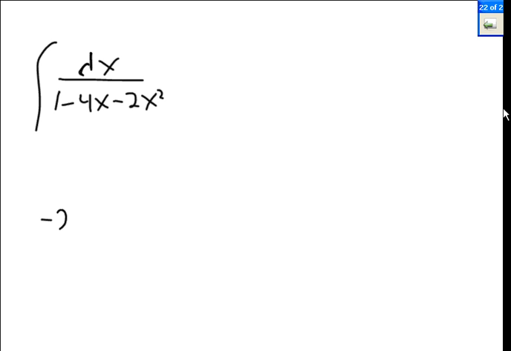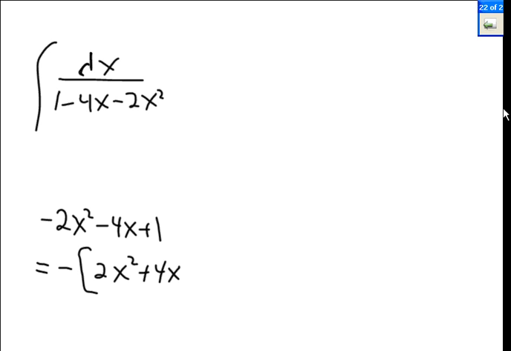Well, negative 2x squared minus 4x plus 1 is equal to negative 2x squared plus 4x minus 1.